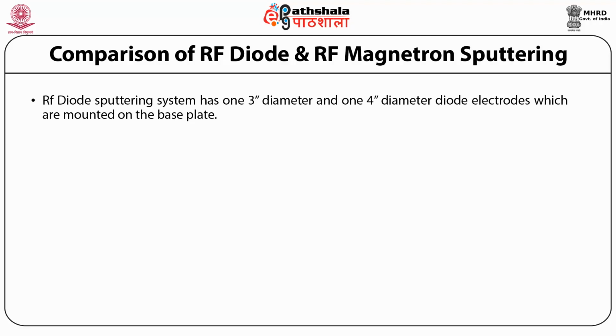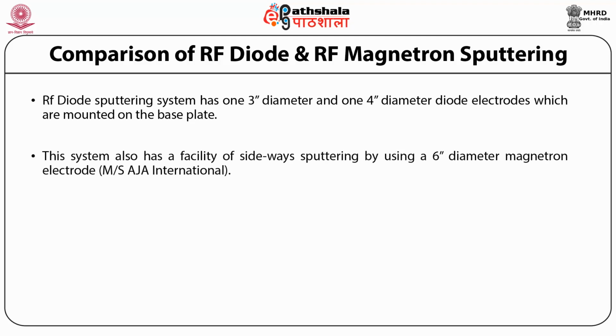The RF diode sputtering system has one 3-inch diameter and one 4-inch diameter diode electrode, which are mounted on the base plate. This system also has a facility of sideways sputtering by using a 6-inch diameter magnetron electrode.